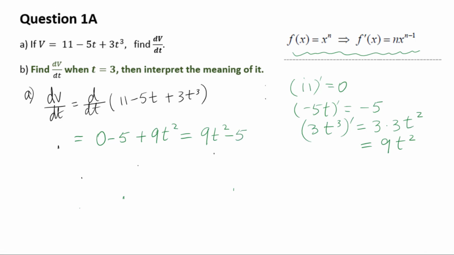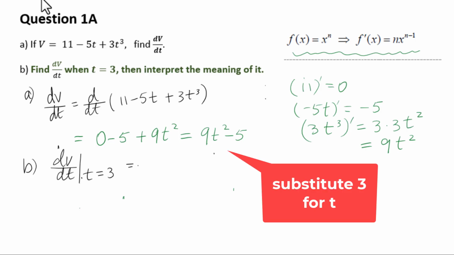For B, find the dv/dt when t equals 3. Then interpret the meaning of it. dv/dt when t equals 3 equals 9 times 3 squared minus 5 equals 81 minus 5 equals 76.